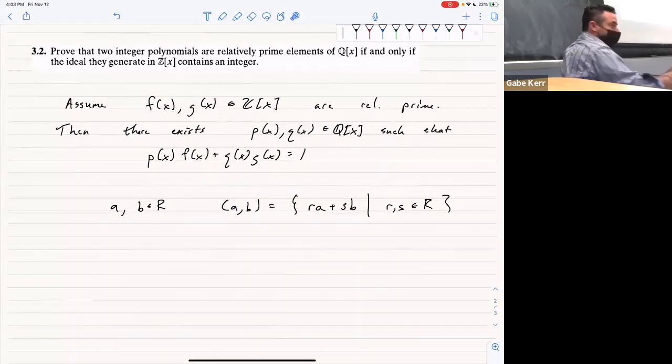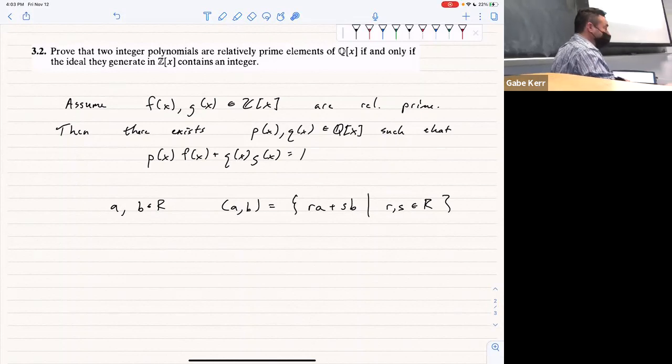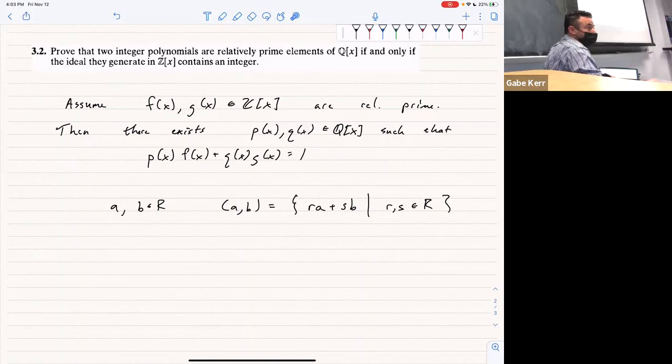One is an integer, but what is the problem? You're right, one is an integer. But what is the problem? Why can't I just say that one is in the ideal they generate? Is that what you're saying?